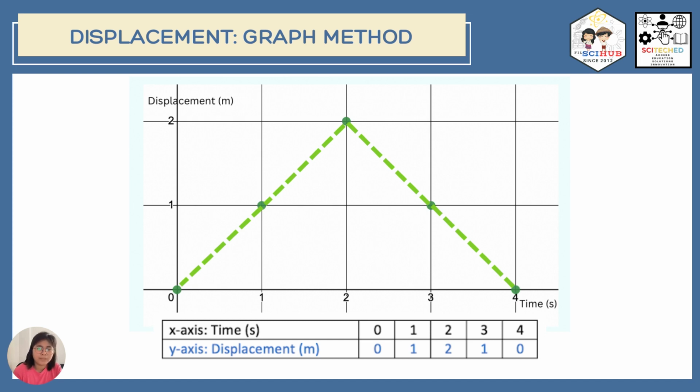At time 2, the displacement is 2 meters. At time 3, displacement is 1 meter, and so on and so forth. So we can see the intersections of the point or where the point is intersecting with.